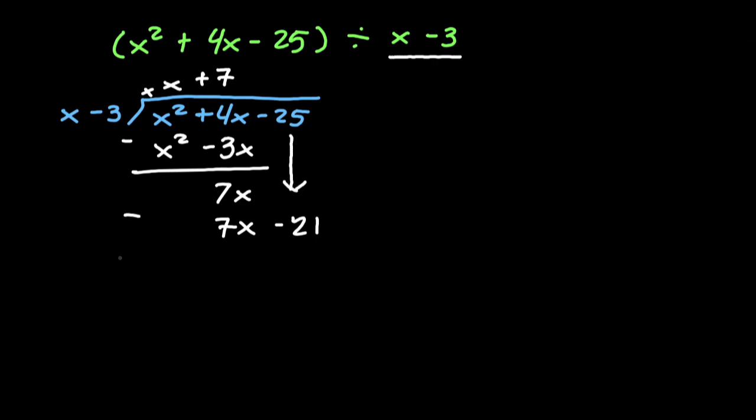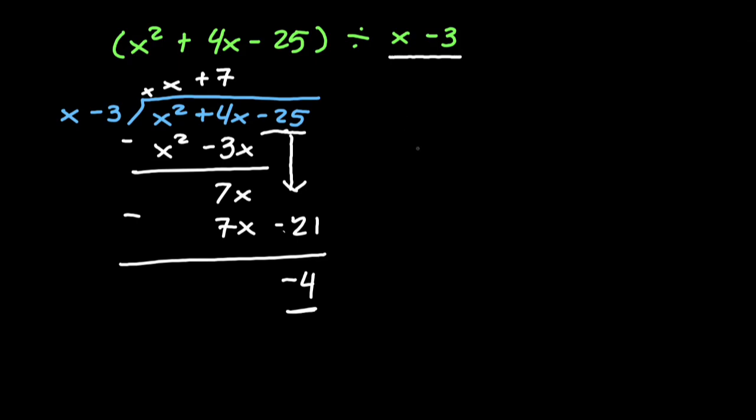So now 7x minus 7x would be 0 and negative 25 minus negative 21 would be simply negative 25 plus 21, which would be negative 4. So you have a remainder of 4 because you cannot divide 4 by x.